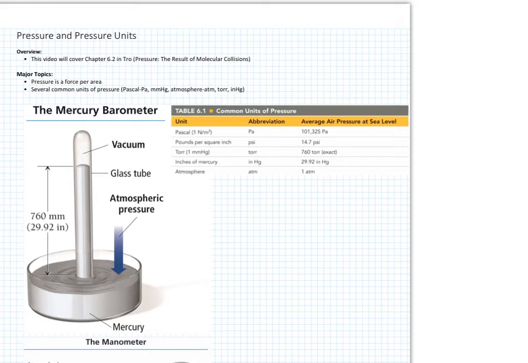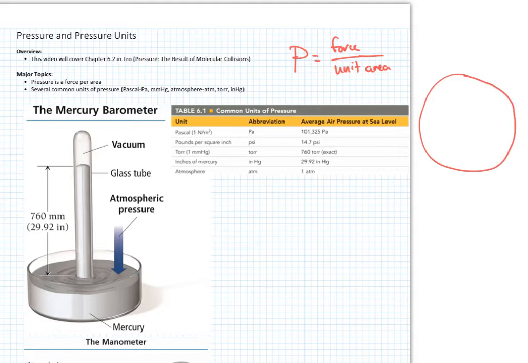So, let's start with what pressure is. Pressure, very simply, is a force per unit area. Gases exert a pressure on us because if we have a container filled with gas, those gases are constantly in motion.